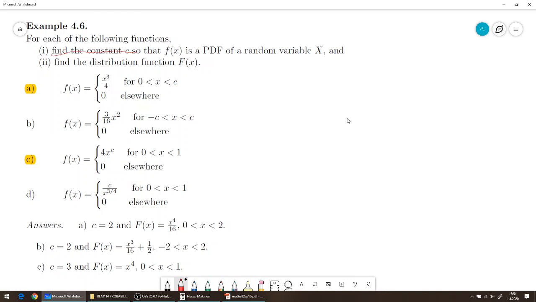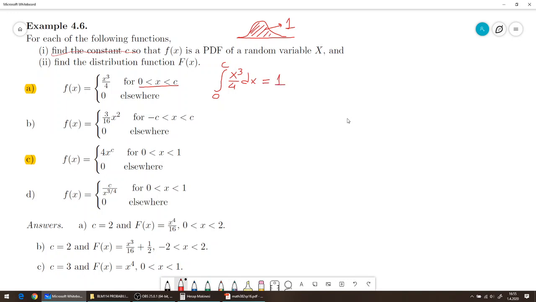Yes, we will use the fact that, for example, this is your probability distribution. The area under the curve must be equal to 1. That means within the given interval from 0 to c, the integral of x cube over 4 dx must be equal to 1.